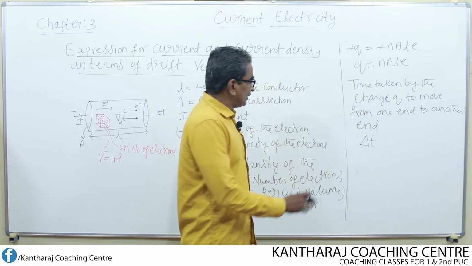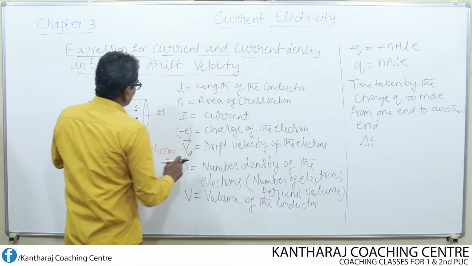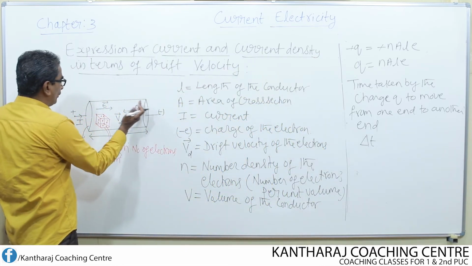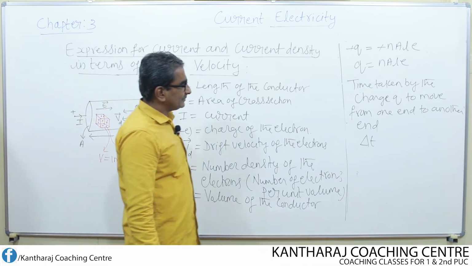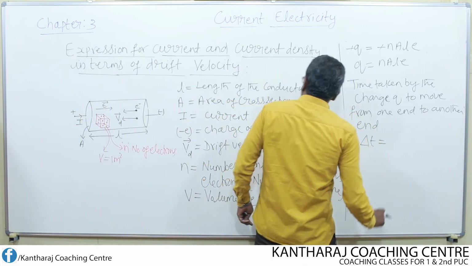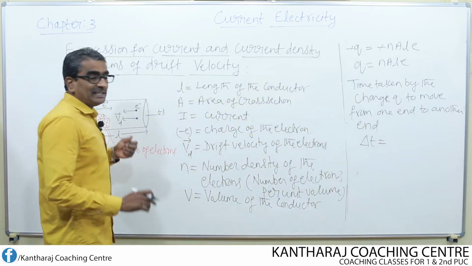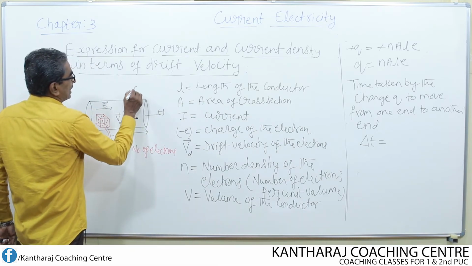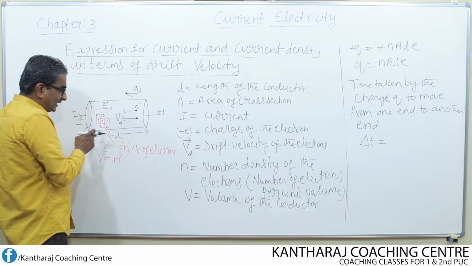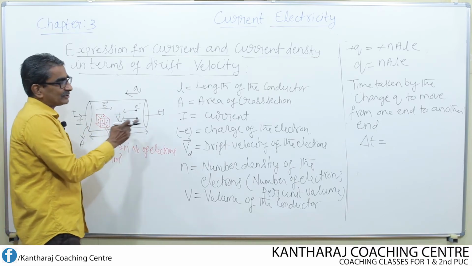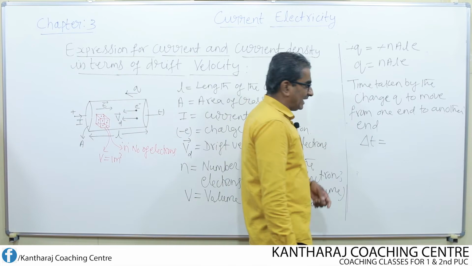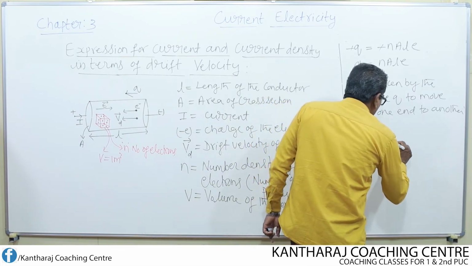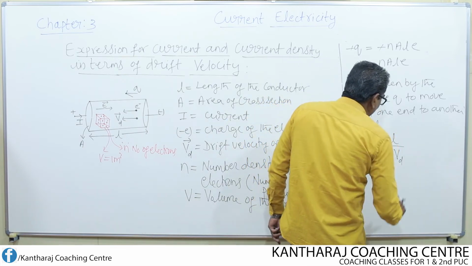So this amount of time is required for the charge Q to flow from one end to another end. So from one end to another end, what is the distance in which the charge Q moves or travels? The charge Q travels a distance equal to L. So therefore, I can write this as delta t equal to L divided by Vd.